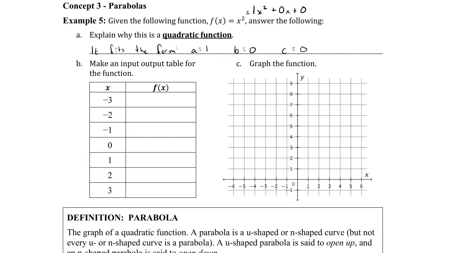We need to find the values of f of x because those are going to give us our y coordinates.